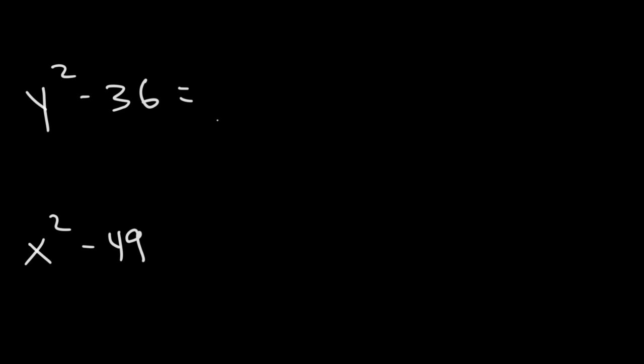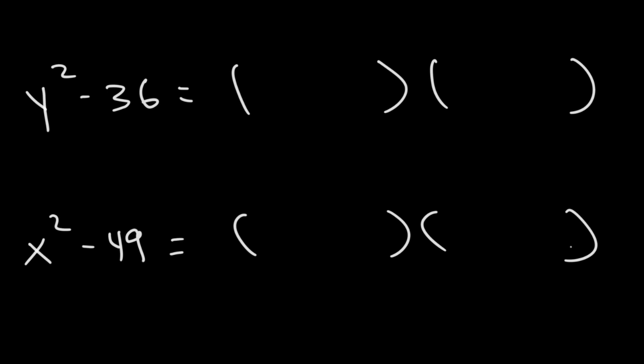Now, following that same example, try these two. y squared minus 36 and x squared minus 49. Go ahead and work on those two problems. So let's begin by putting parentheses first. The square root of y squared is y.